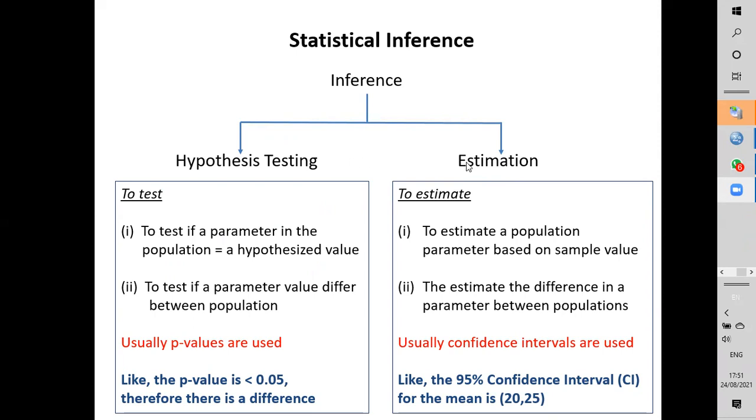So what's the basic difference between these two? Hypothesis, to test a parameter in a population. The keyword is test, whether the answer will be a yes or no. Here, to test if the parameter is a certain value, or to test whether a parameter differs between two populations.